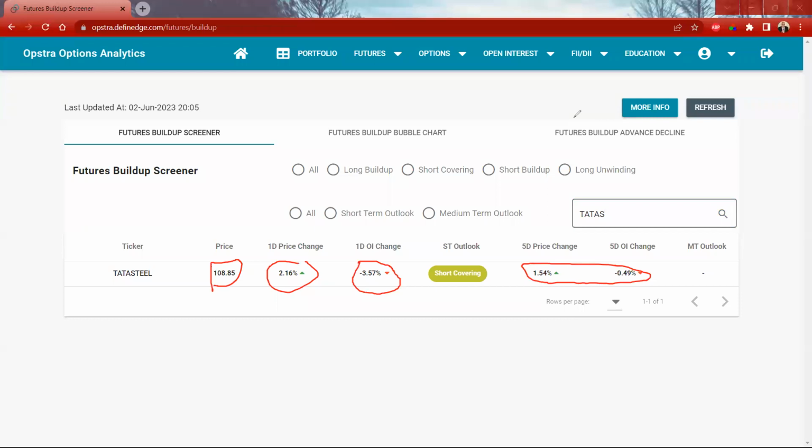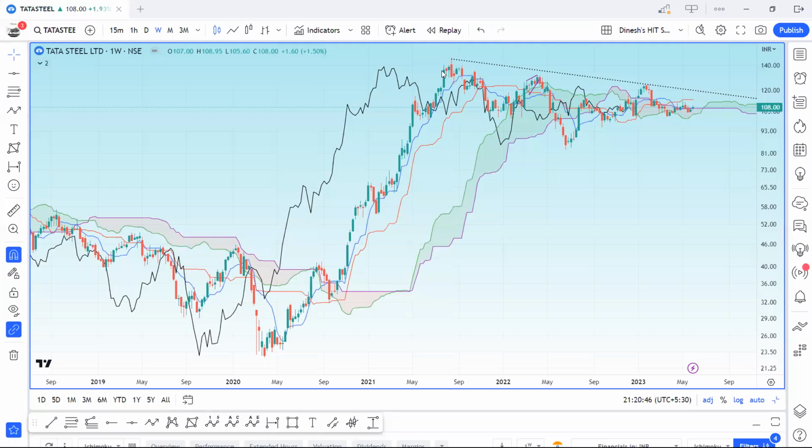Now let's have a look at the daily and the hourly time frames and see what those charts are telling us. Before I go to the lower time frame, have a look at the weekly time frame, and you can see that around this zone, 105, 106, 103, there is always some support to prop it up.